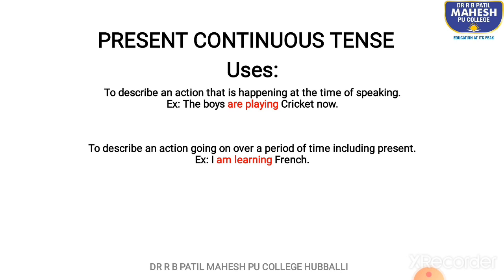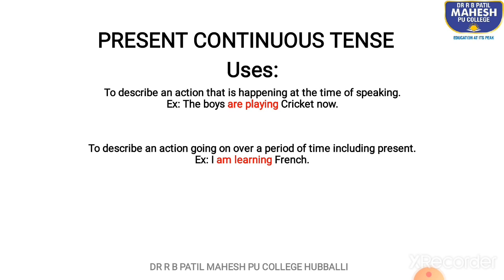Next, to describe an action going on over a period of time, including the present. So, present continuous tense is again used when we are talking about an action which is going on over a period of time and it is continuing at the present moment as well. Here the example is: I am learning French.